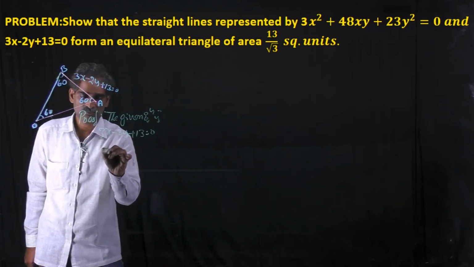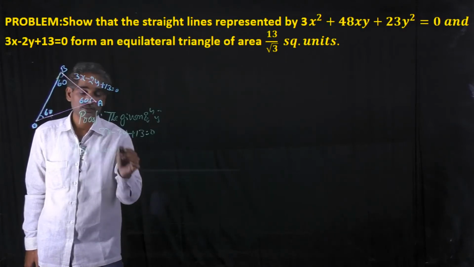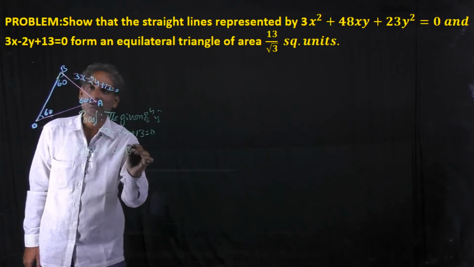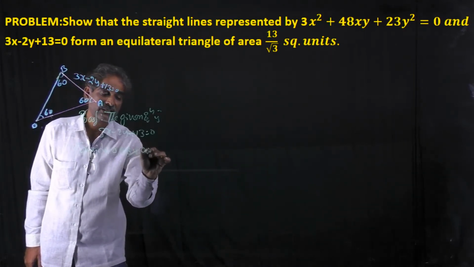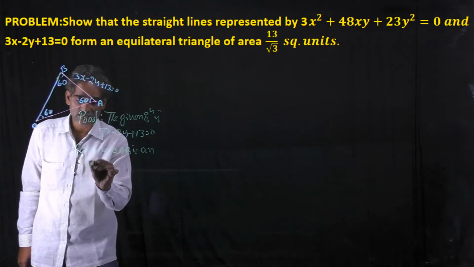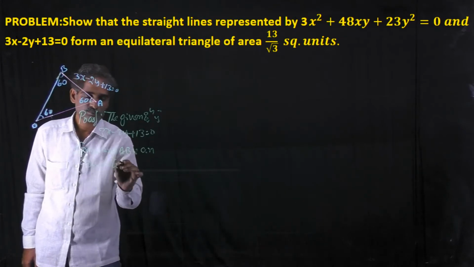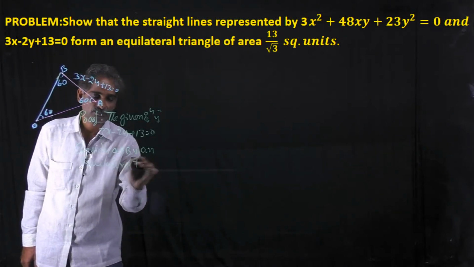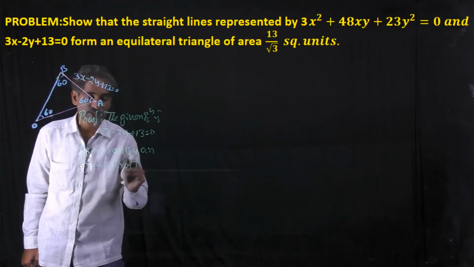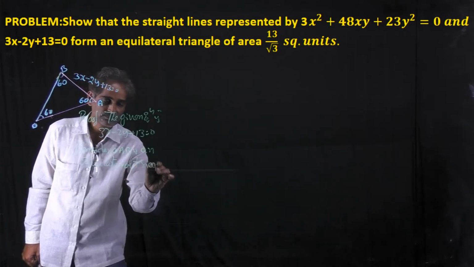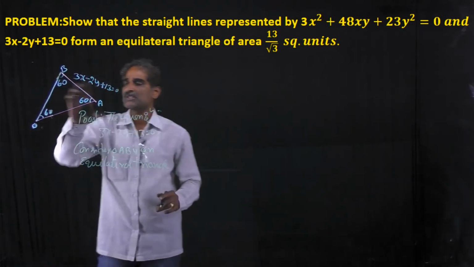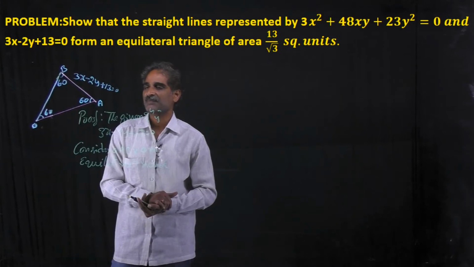Suppose OAB is an equilateral triangle. That means angles are 60 degrees.